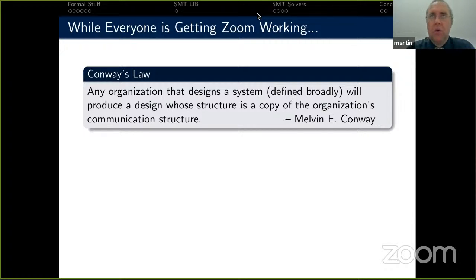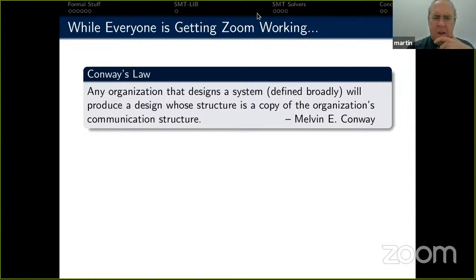If your organization is divided into a front end team and a back end team and a database team, then your architecture will have 3 sections of it.